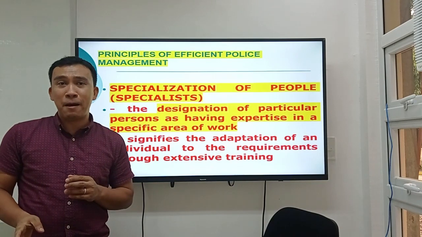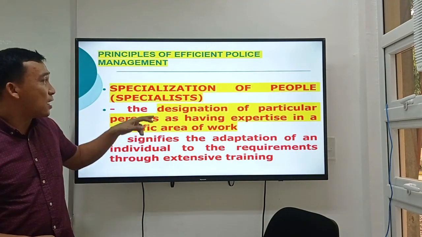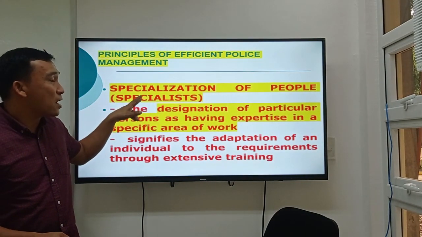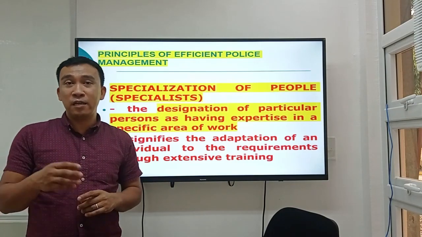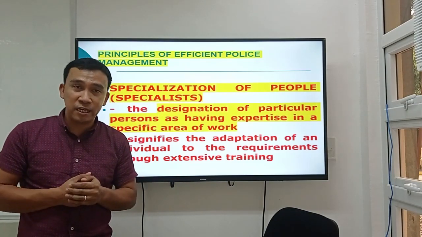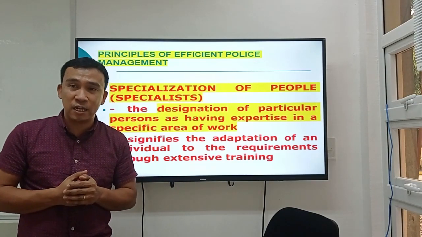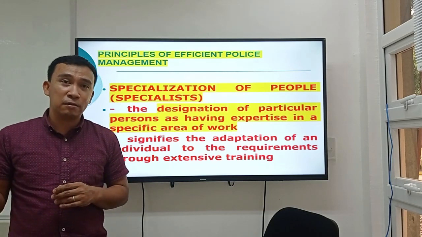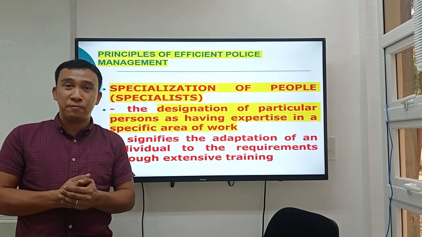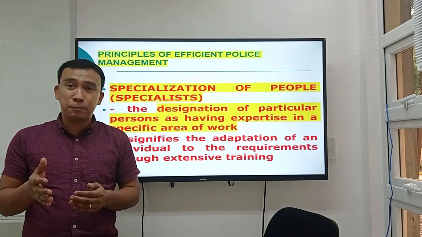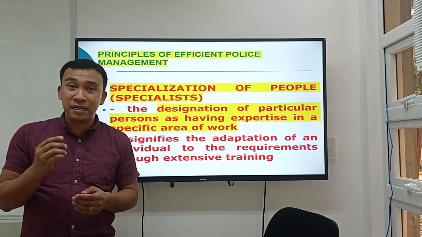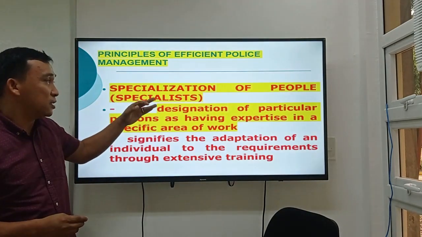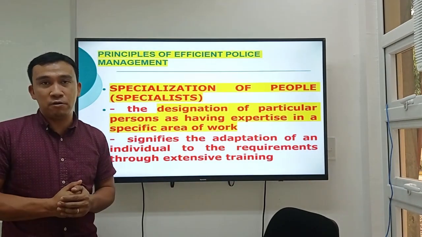At para ikaw ay mapunta dyan, dapat ikaw ay yan ang iyong specialization. Meaning, you are graduate of medicine, you are graduate of nursing, you are medical technologies. Meaning, ito ay pinag-aralan mo. At ikaw ay expert sa larangan ng medisina. That is specialization of people.